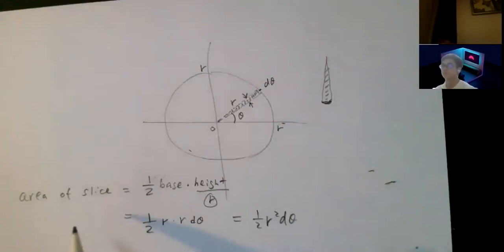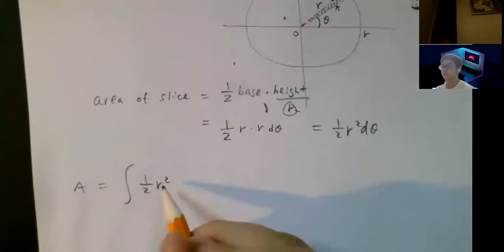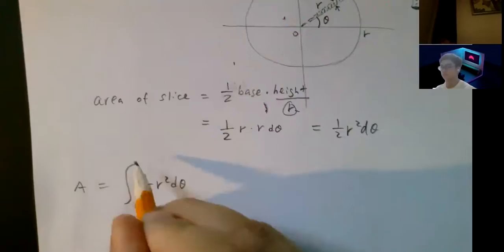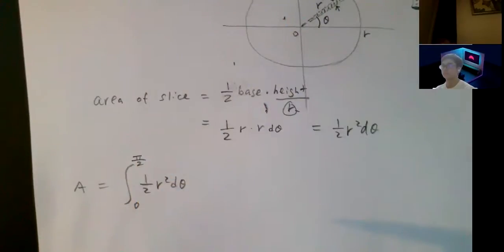So then you do an integral. You do everything together. Basically now this area equals the integral of this from theta equals 0 to 1/2 pi. Of course, I have to multiply by 4 in order to make it the full area.